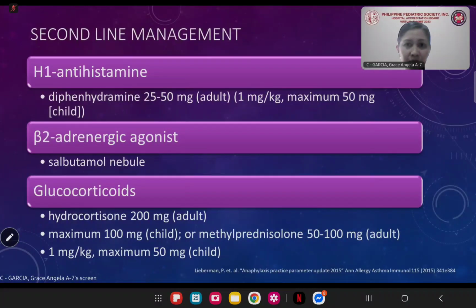So to prevent it from being reactivated again, you give your glucocorticoids. You can give your hydrocortisone and your methylprednisolone. For pedia patients, the dose would be 1 milligram per kilogram at a max of 50 milligrams.